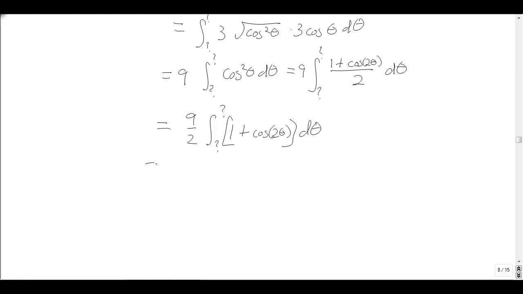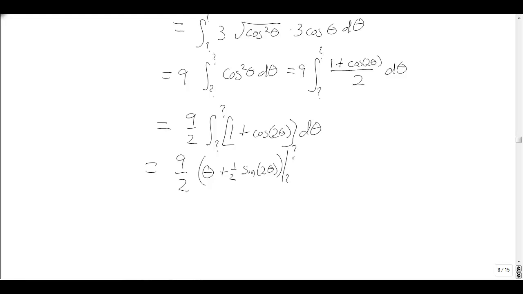Antiderivative of 1 is theta. Antiderivative of cosine 2 theta is going to give us a 1/2 sine 2 theta. And then, whoops, I want to do a plus c, but I'm evaluating these with certain theta bounds here.